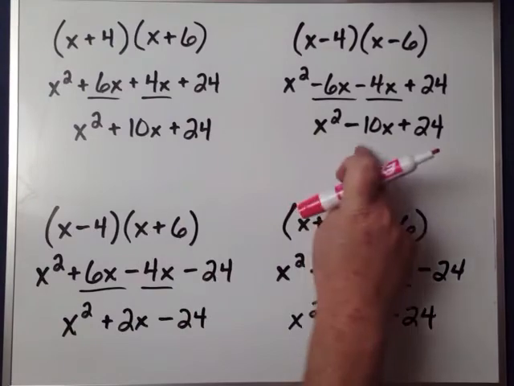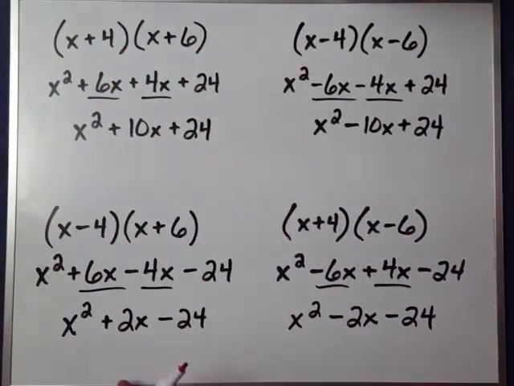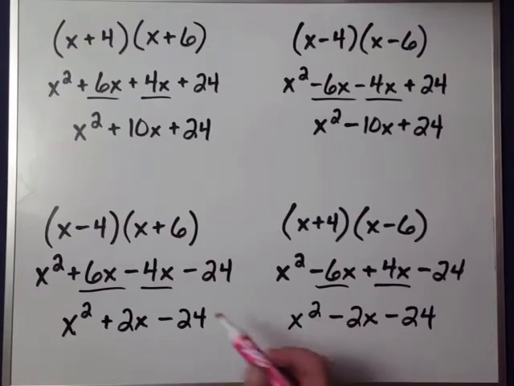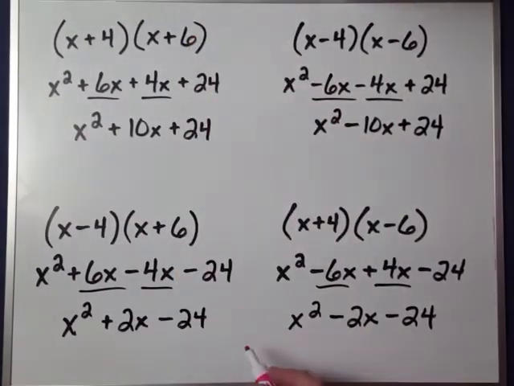I see these 2 have 10s in the middle. 4 plus 6 is 10. I see these 2 have 2s in the middle. 6 minus 4 is 2. So I'm beginning to see some things here that might help me when I have one of these trinomials and I want to put it back in factored form.